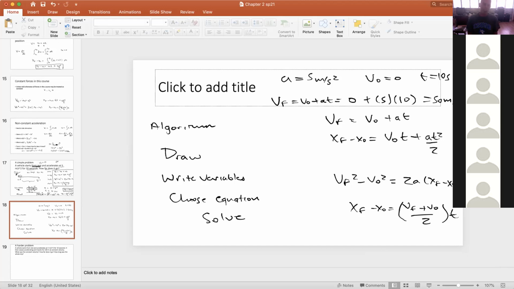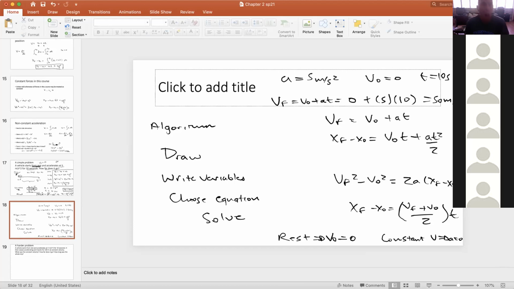In these types of problems, the things to remember are that rest means v naught is equal to 0 if it starts from rest or ends at rest. Constant v means that a is 0, and those equations. For now, that should be enough to get us there.